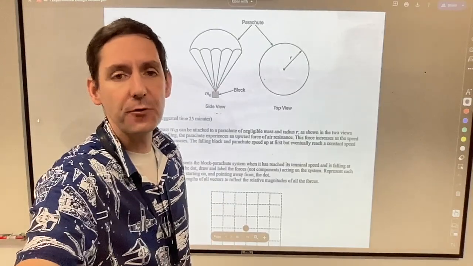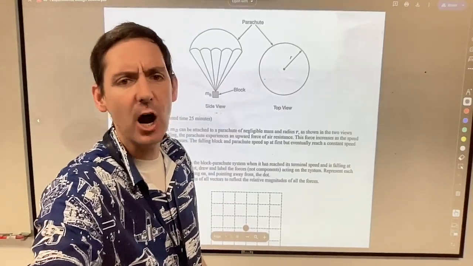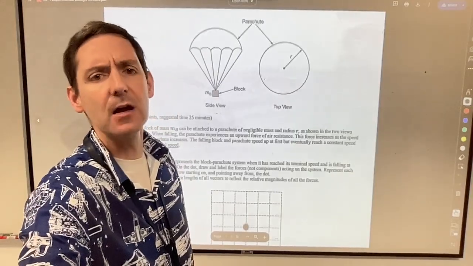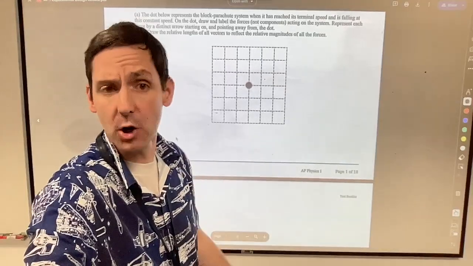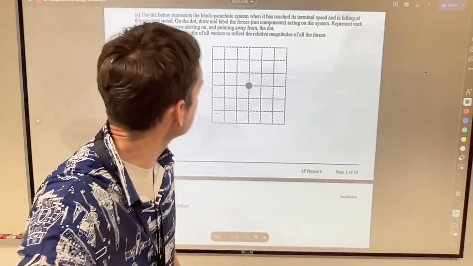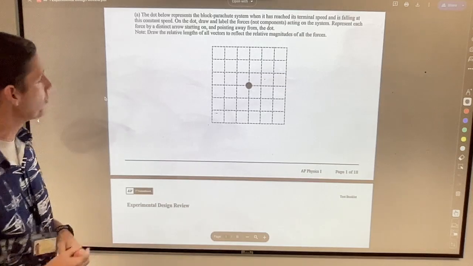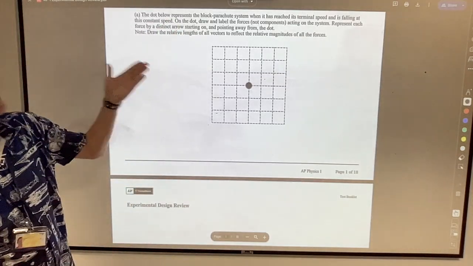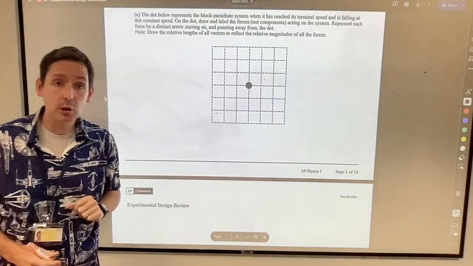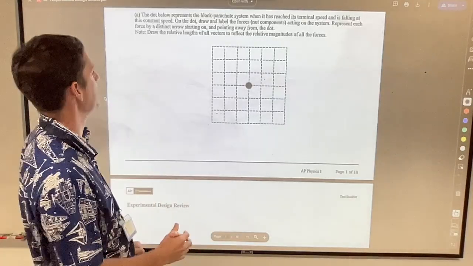All right? Now, if we look at the first part of this question, very often they will include things like free body diagrams and other types of things that will help you later on in the question. So this one specifically says that we have a dot below that represents the block-parachute system when it has reached its terminal speed. Now, remember, terminal speed means it's at a constant speed.